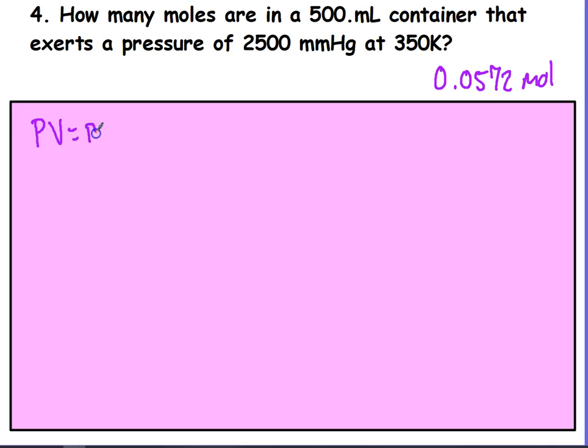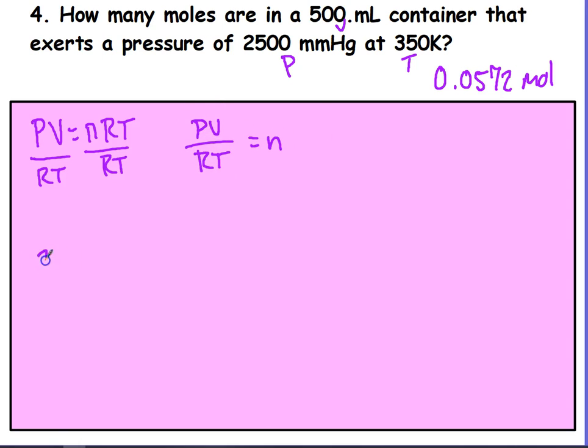So PV equals nRT. Let me label stuff. This is volume, this is pressure, this is temperature. Okay, I'm looking for moles. So I'm going to divide by RT on both sides. So PV over RT equals n.